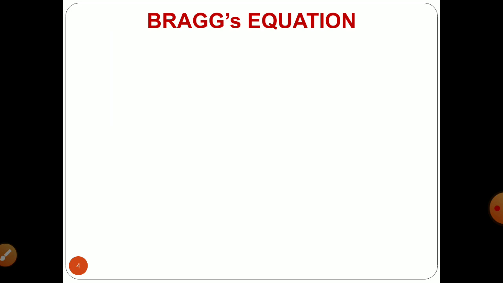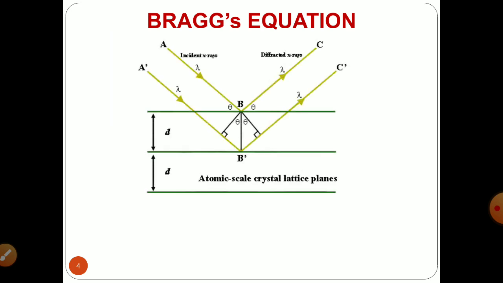In 1913, the physicist Sir William Henry Bragg and his son Sir William Lawrence Bragg made a successful attempt at determining the interatomic distance in a crystal lattice using X-rays.